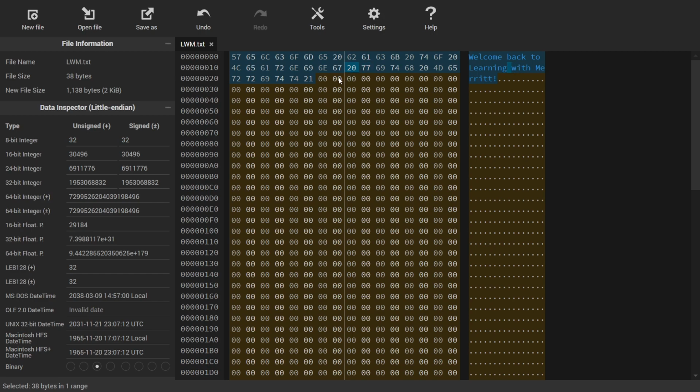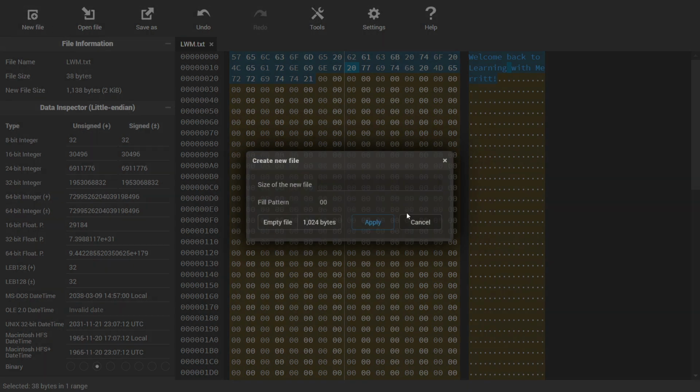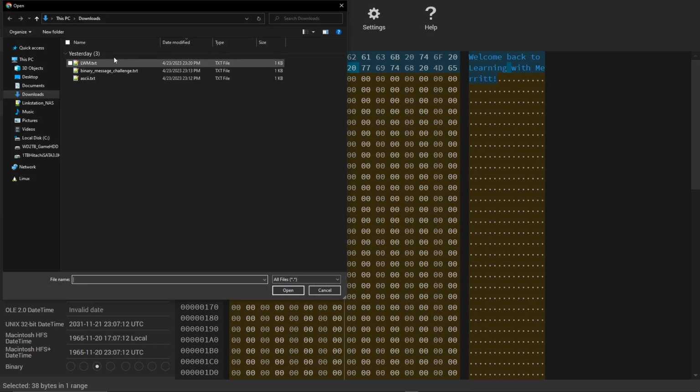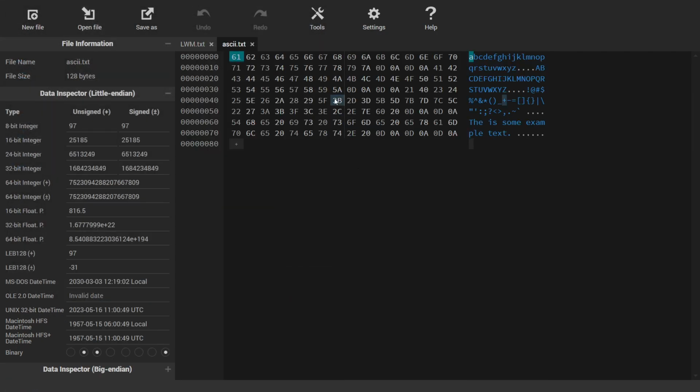So I've added some files that we're going to look at. One of them has all of the different characters in a file. If I click on open file here, I have a couple of files. I have ASCII.txt. I'm going to open this up. And look at this. If we look at this file, we have 61, 62, 63, 64. They're all in order, and you'll notice that's the alphabet.